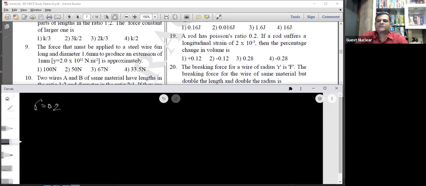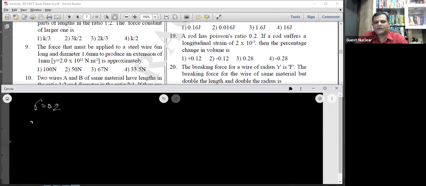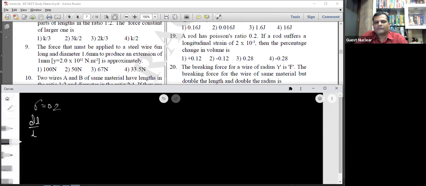The longitudinal strain here it is given to be, तो मतलब longitudinal strain मतलब क्या, dl upon l, which is given to be 2 into 10 raised to minus 3 here. Then the percentage change in its volume is, अच्छा सिग्मा इक्वल टू क्या होता है, जैसे लास्ट टाइम बताया था, lateral strain upon longitudinal strain, जिससे हमको मिलेगा dr by r upon dl by l, करेक्ट है?